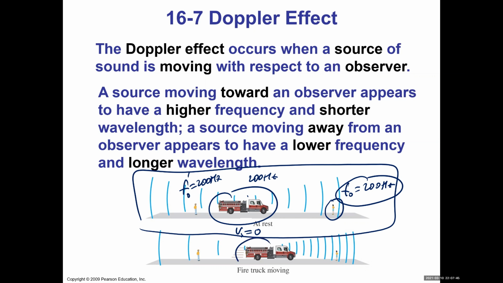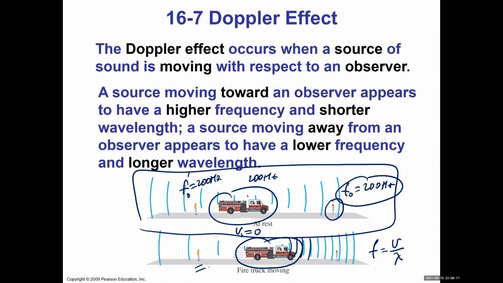But as the truck starts moving, you can see what happens here is that the crest, which is the wavelength that the siren generates, starts compressing because the source is moving in the direction of the wave. If the wavelength decreases, the frequency equals velocity over wavelength, so for the observer toward whom the truck is moving, the frequency will appear to be increasing.